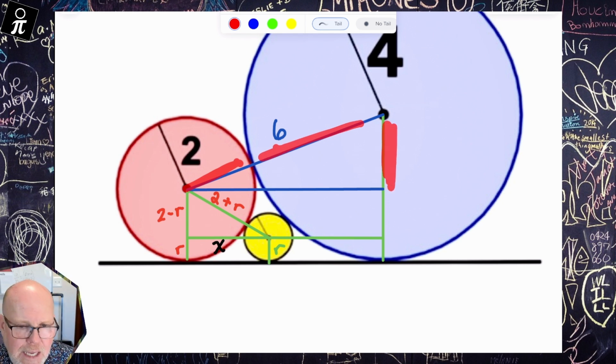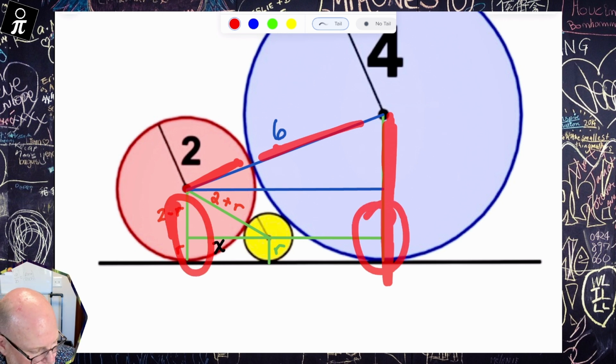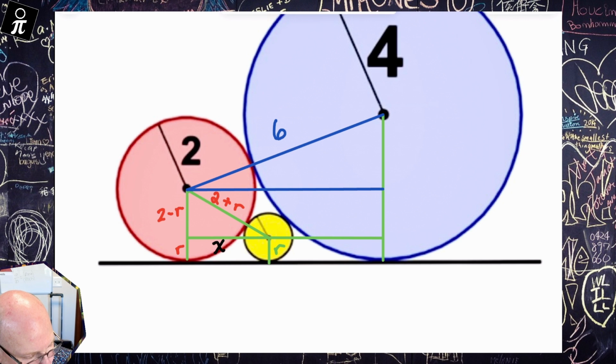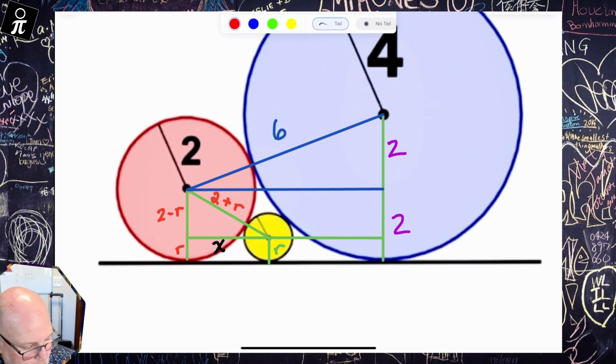This whole radius is 4, but this piece is 2, so that piece right there is 2, because this piece is 2.